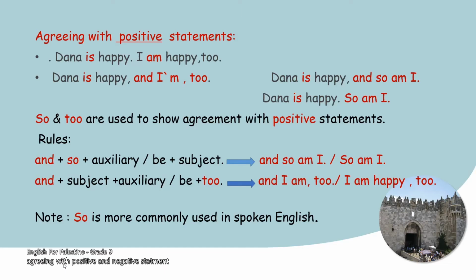Dana is happy, the same sentence, and it is positive. I can agree by saying, and I am too. Another way of agreeing with positive statements, I can say, Dana is happy, and so am I. Dana is happy, so am I.